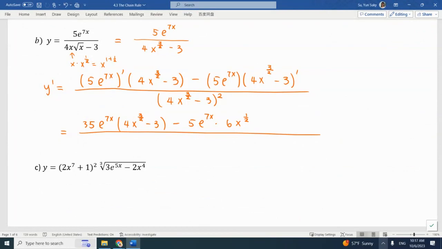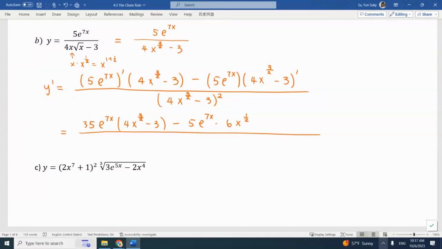Because 4 times 3/2, the 4 and the half cancel, you get 2. 2 times 3 is 6. And then x to the 3/2 minus 1 is 1/2. And derivative of a constant is 0. Okay, good.